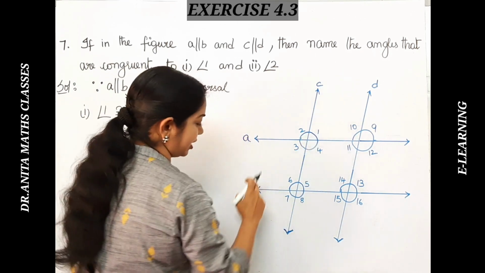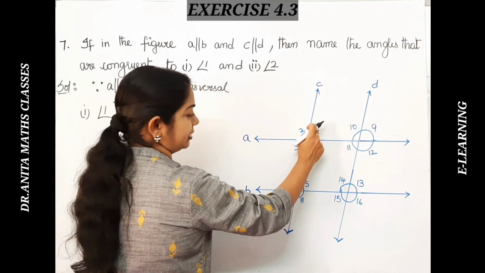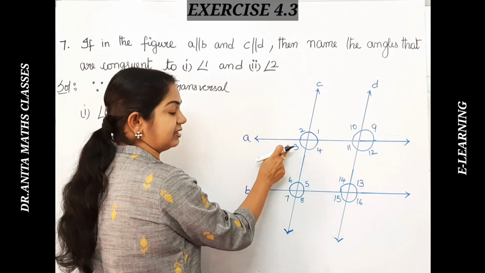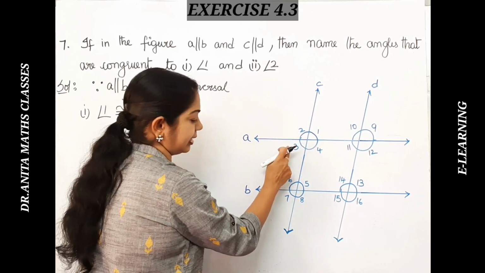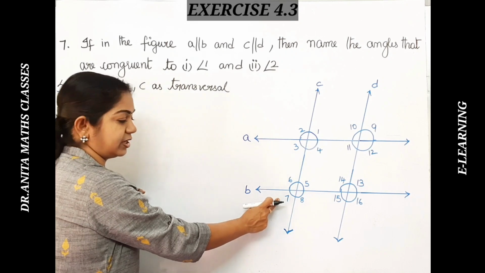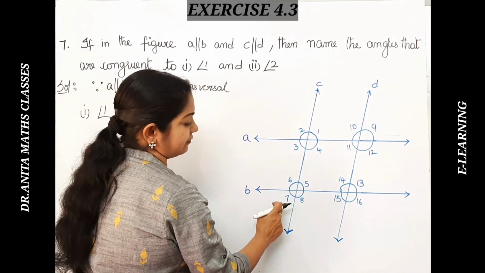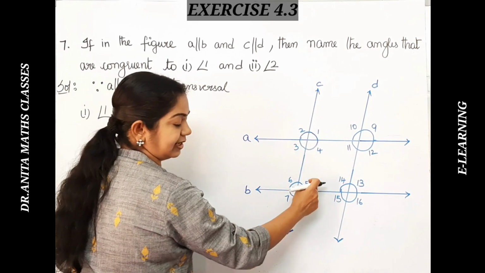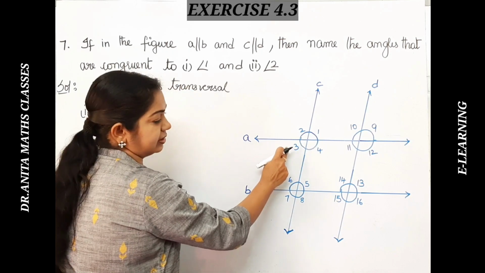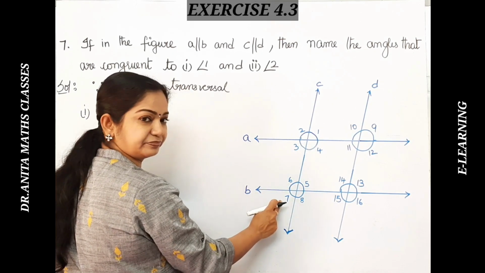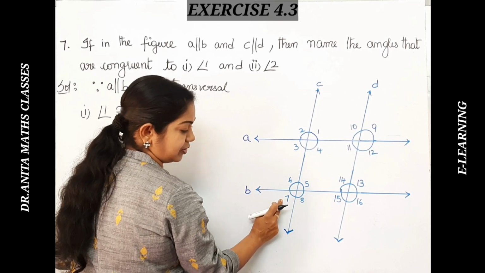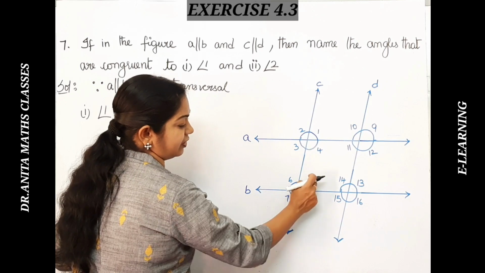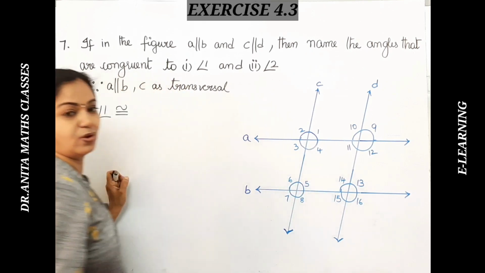See here, if these two are parallel and this is the transversal, angle 1 and angle 5 are corresponding. Angle 5 and angle 3 are alternate interior, and angle 3 and angle 7 are corresponding angles, right? So 1 and 5 are corresponding and equal, 5 and 3 are alternate interior and equal, and 3 and 7 are again corresponding angles and equal. Also, 7 and 5 are vertically opposite.